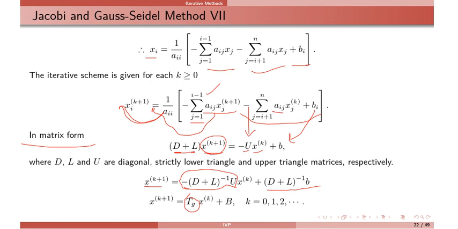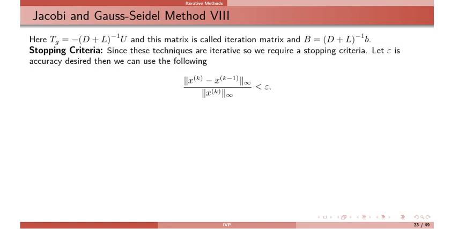Minus (D plus L) inverse U, and this is denoted by Tg. And what is the constant vector? It is (D plus L) inverse b. So this is the matrix form of the Gauss-Seidel method, with iteration matrix Tg and constant vector (D plus L) inverse b.